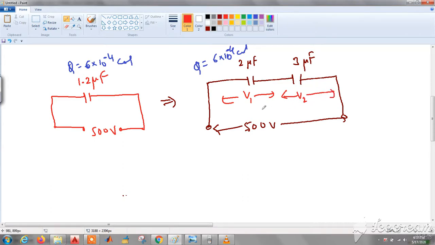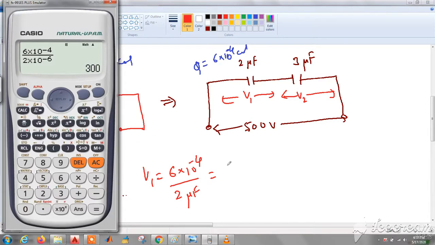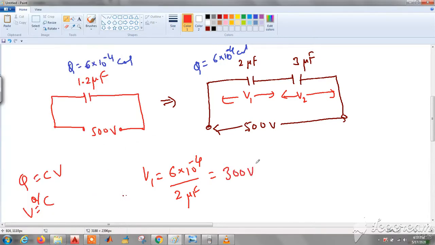Now let's find V1 and V2 by the relation Q is equal to CV. So V will be equal to Q by C. Q by C gives 6 into 10 power minus 4 divided by C, and C across V1 is 2 microfarad. So this gives me 300 volts.